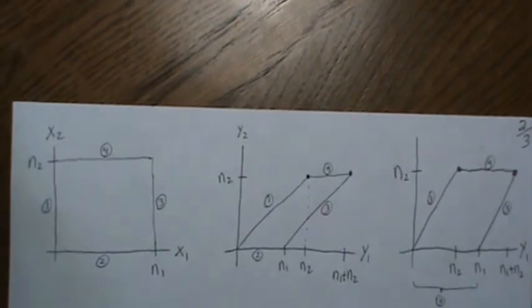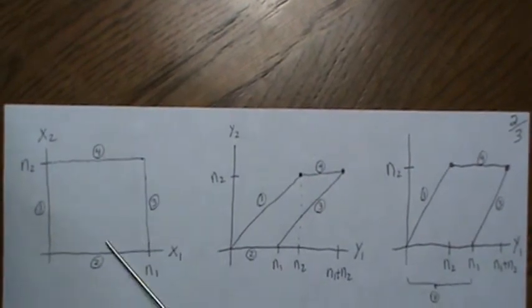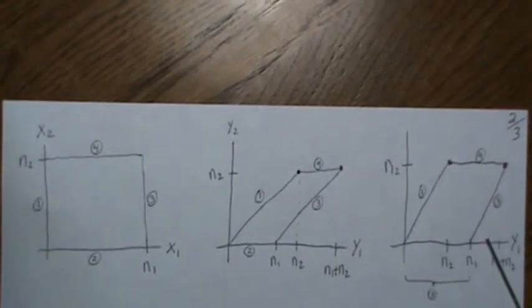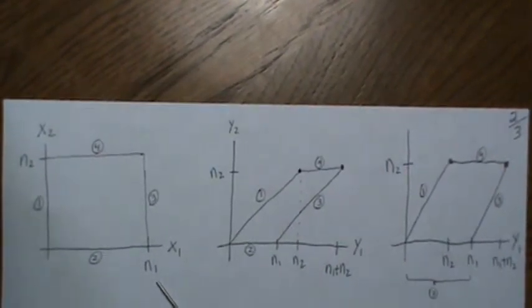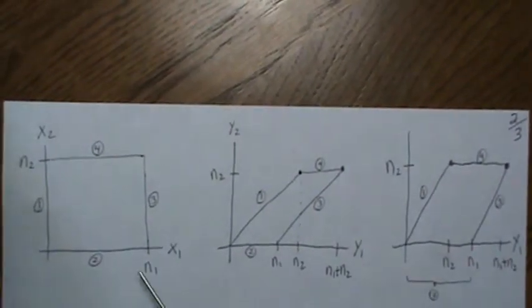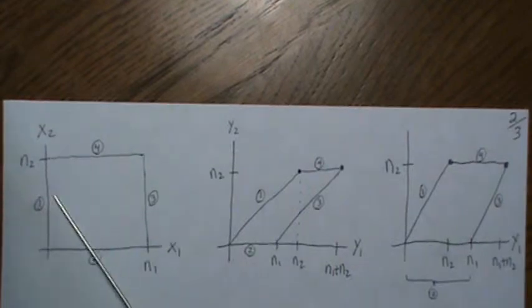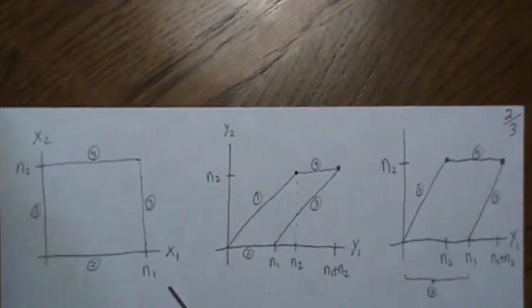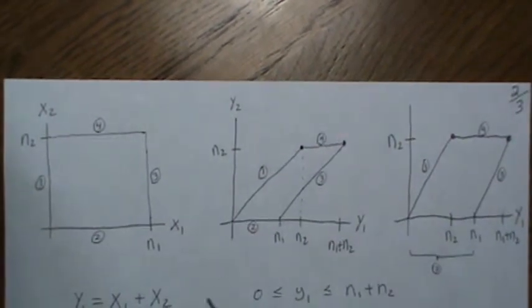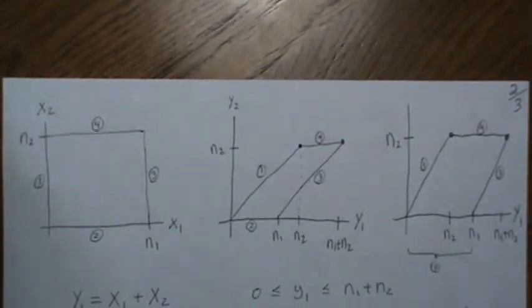And then what I do is I want to map this into Y1 and Y2. And there's two different cases, whether n1 is bigger or n2 is bigger. So this first case, we'll assume n2 is bigger, and then each of these boundaries, when you do the mental math, they're mapped into those specific regions.